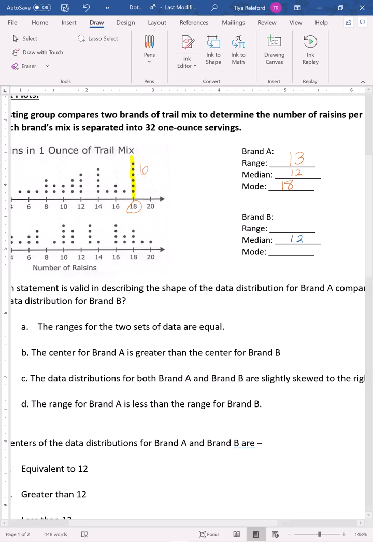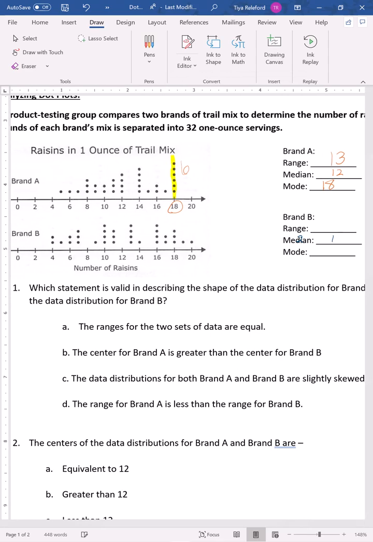Now, brand B is a little bit different, not much, but a little bit. Like 18 was far above everybody else. But if you look at brand B, there are more than one number that has 4 dots and no numbers that have more than 4 dots.